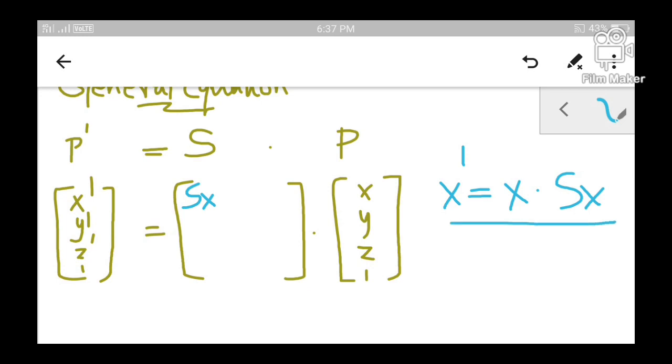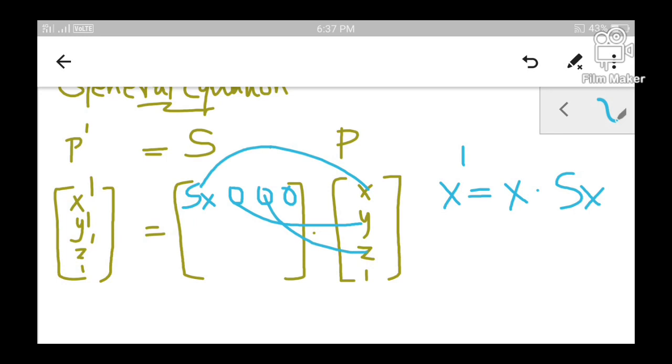Since in this equation there are no values related to y and z, the remaining values can be written as 0. So the remaining values in the first row are 0, 0 and 0. So that x is multiplied to Sx, 0 is multiplied to y, 0 is multiplied to z and 0 is multiplied to 1. So the equation becomes x into Sx plus y into 0 plus z into 0 plus 1 into 0. Typically the final equation is X dash is equal to X into Sx. So in this way the equation is obtained.